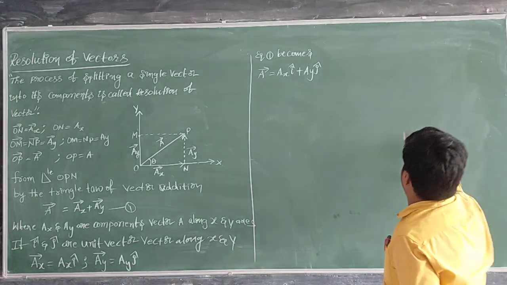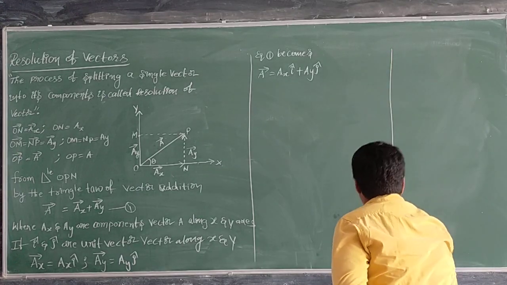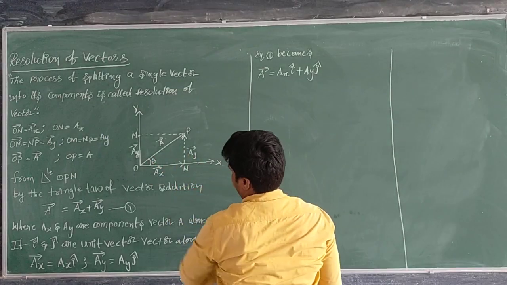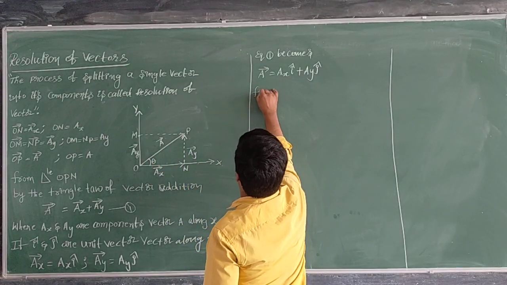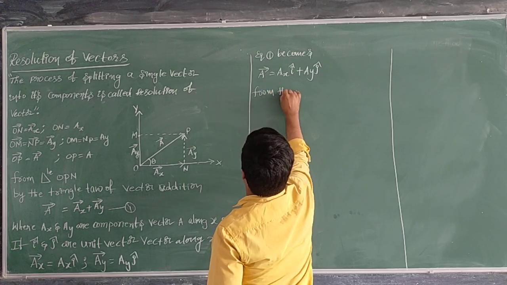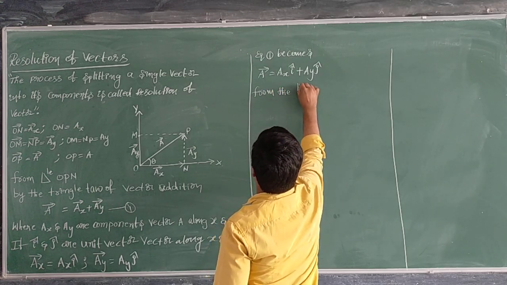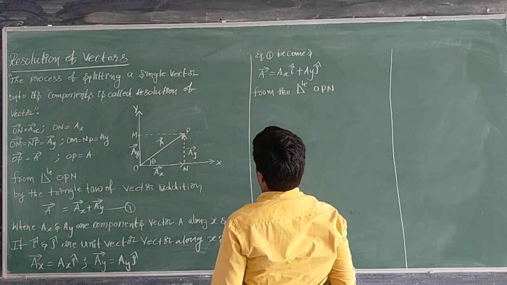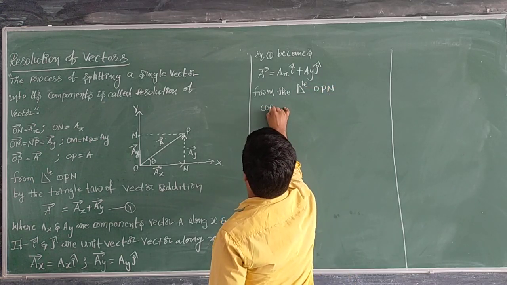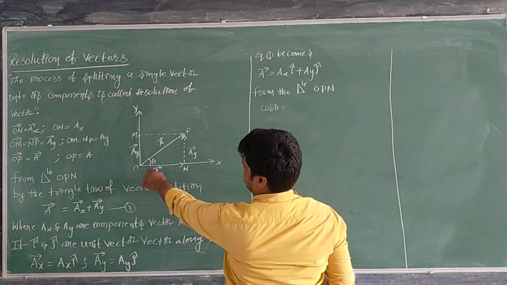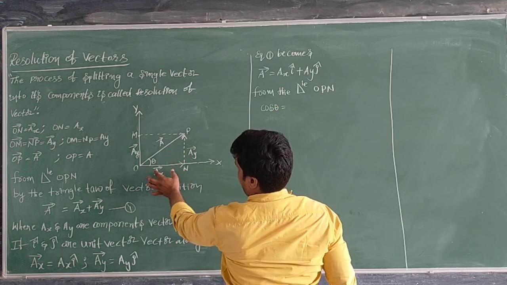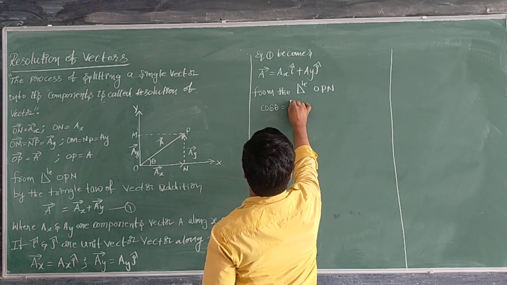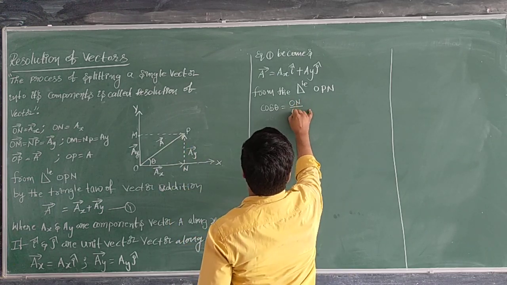Next, afterwards, if you just see the continuation, once again I am going to take the right angle triangle OPN. Cos theta is equal to adjacent side by hypotenuse, which is nothing but ON divided by OP.